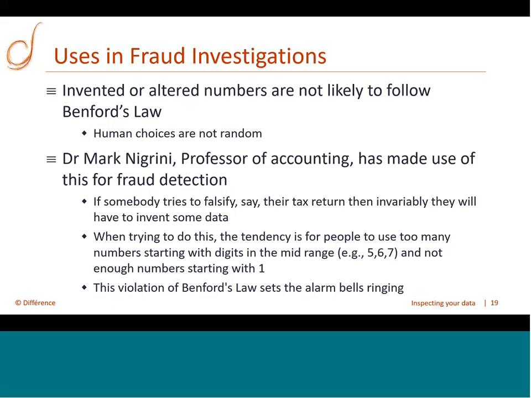If somebody is trying to modify or falsify some numbers, often they will invent new numbers, and typically they use the numbers 5, 6, or 7 too many times compared to the number 1, which should appear 30% of the time as a first digit. When you don't respect that law, it doesn't necessarily mean that the data is manipulated, but it could lead to asking more questions.